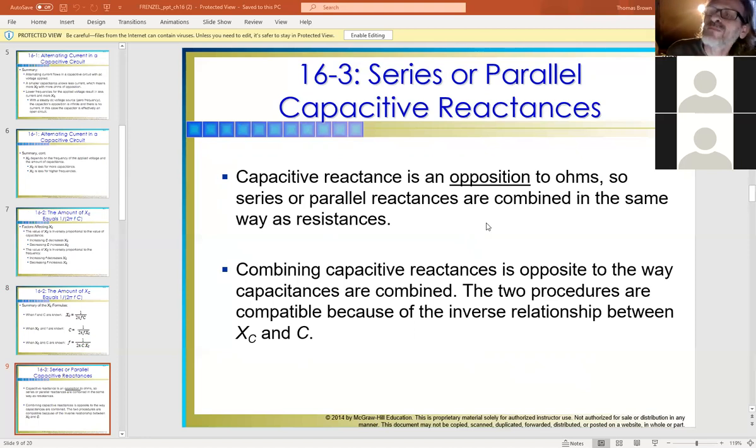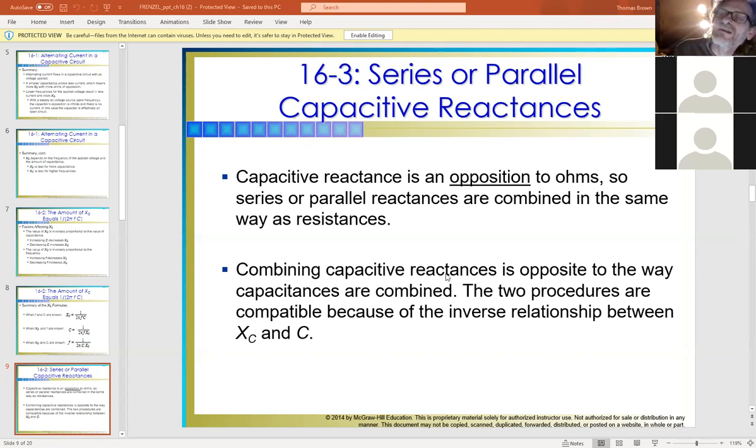That's what tomorrow's lab will have: simple circuits that we'll be applying signals to and looking at with the meters and the oscilloscopes, seeing how these signals are affected by the reactances. So anyway, combining capacitive reactances is opposite to the way capacitances are combined, because reactance isn't, in and of itself, capacitance.